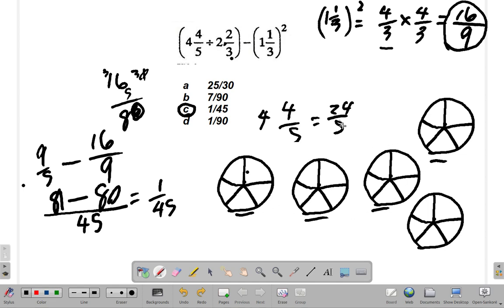So I have 4 wholes there, and then 4/5. What I want to find out is how many fifths are in this 1 whole. 1, 2, 3, 4, 5. I want 4/5. So I get rid of one of the fifths. And what I have here is 1, 2, 3, 4/5.